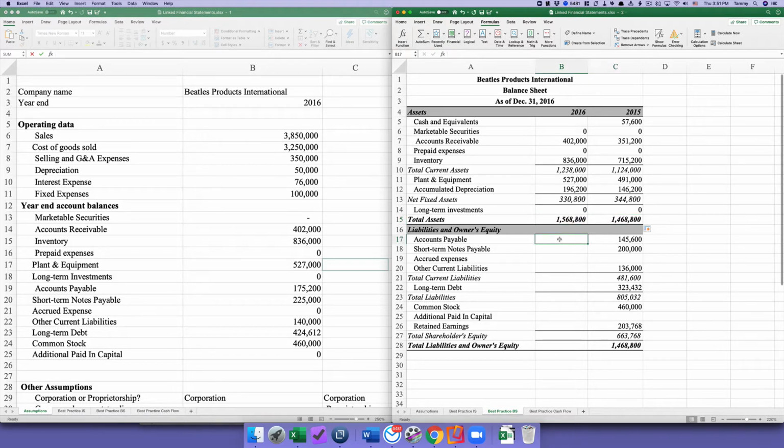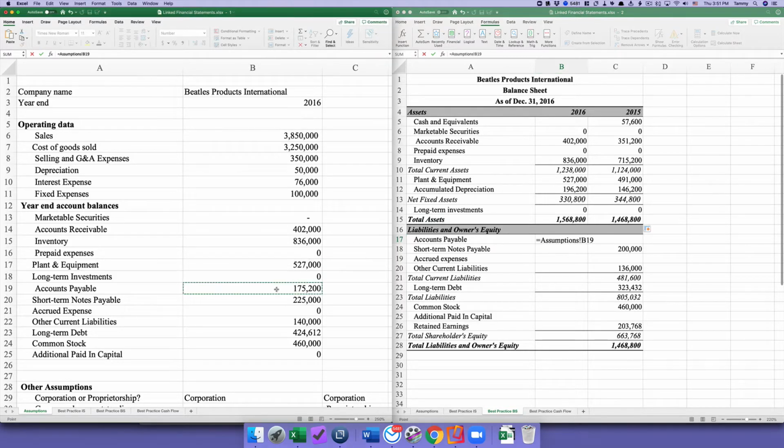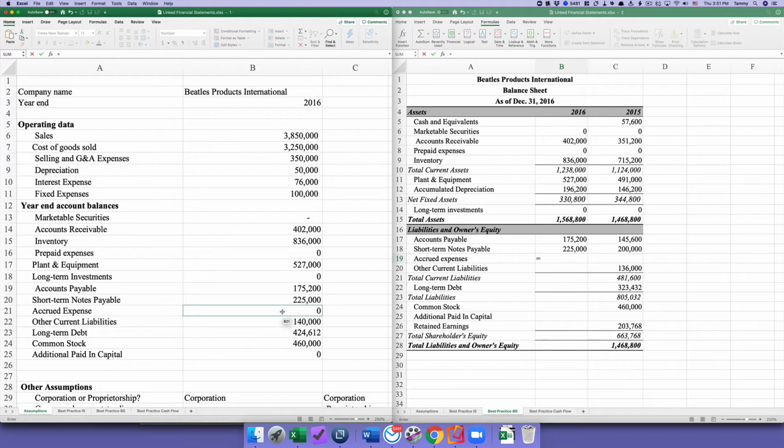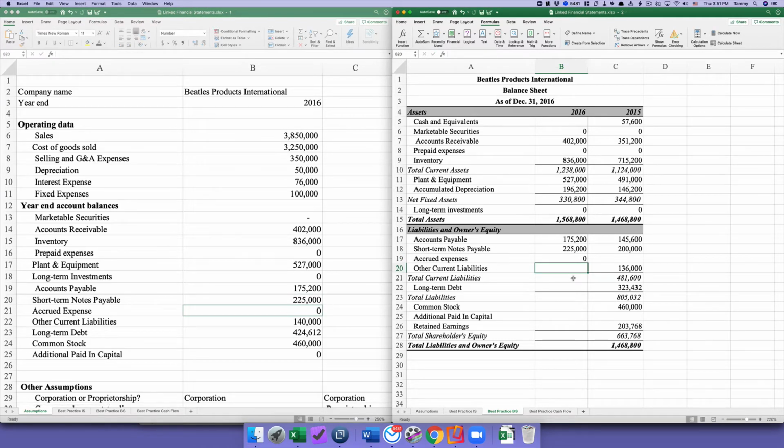Accounts payable, we pick up 175. Notes payable was the 225. Accrued expenses, we didn't have anything this year, so we'll say equals nothing. So that gives us our total.